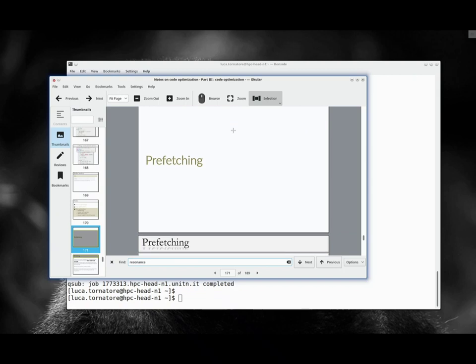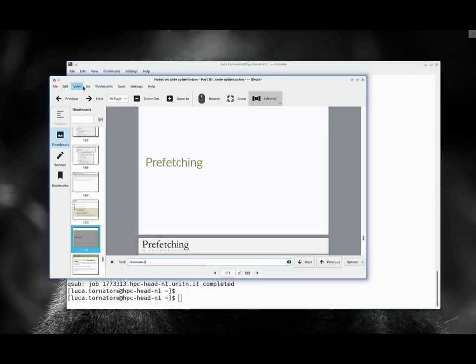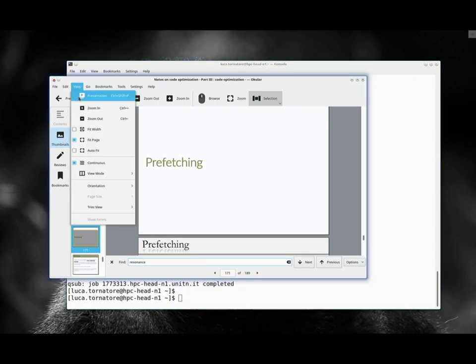Okay, prefetching. So, what is prefetching? You already know everything about cache, so you know how important it is that the datum is in the cache when you want to use it. But if it is not in the cache, what can you do? Well, you can prefetch.